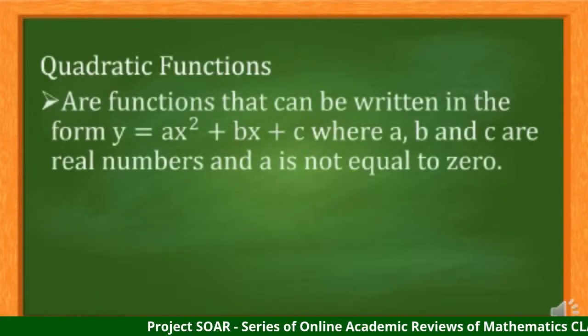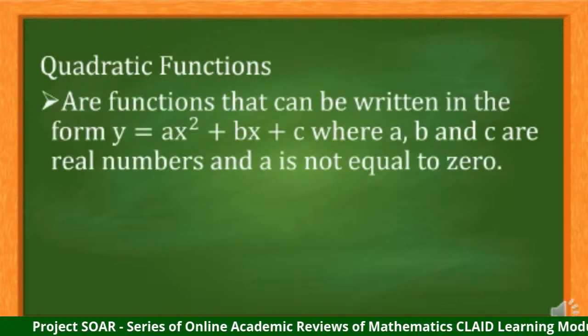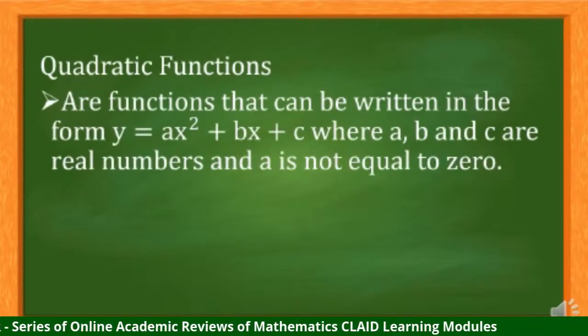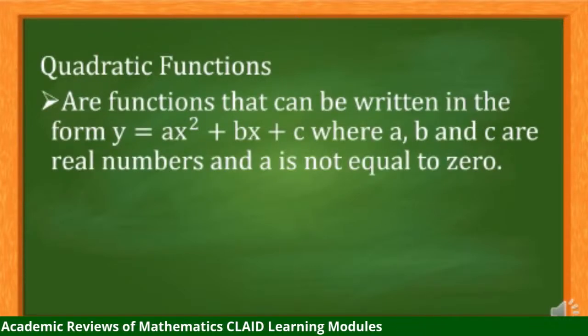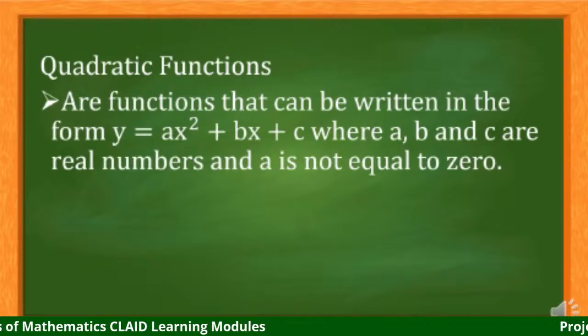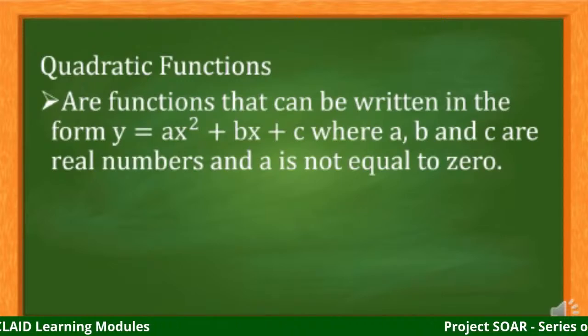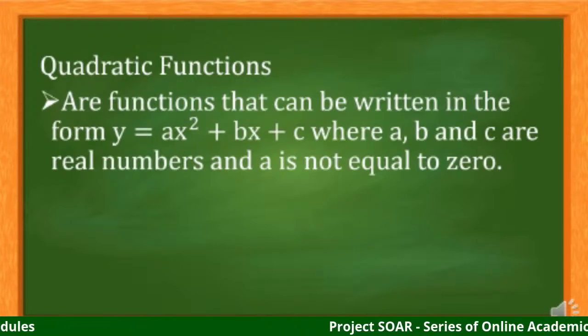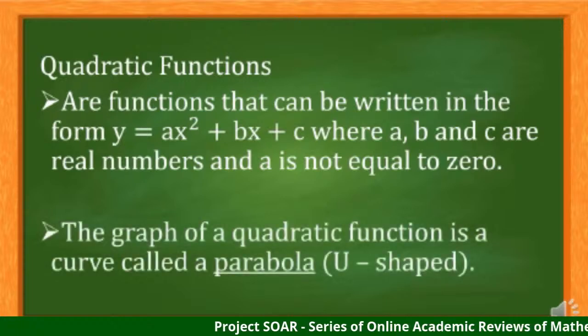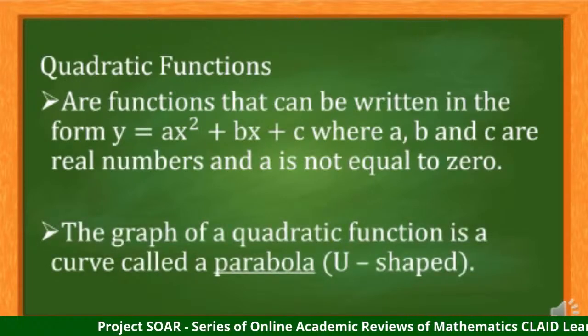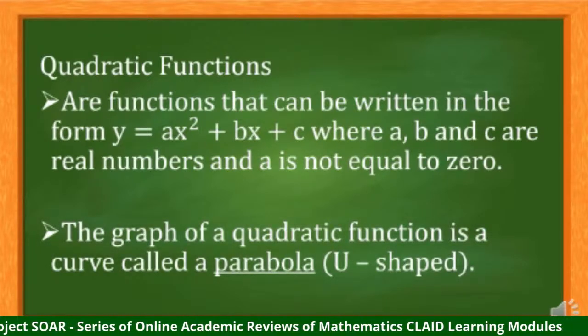When we say quadratic functions, these are functions that can be written in the form y is equal to ax squared plus bx plus c, where a, b, and c are real numbers and a is not equal to 0. The graph of a quadratic function is a curve called a parabola.